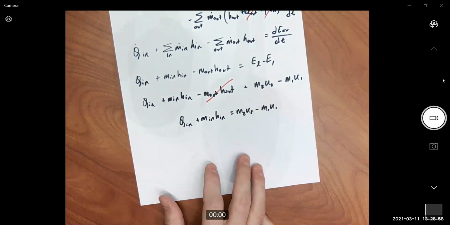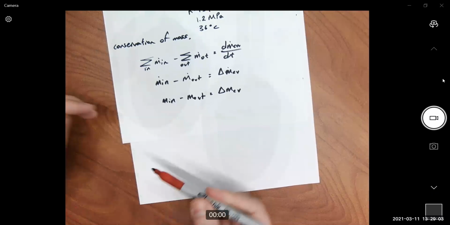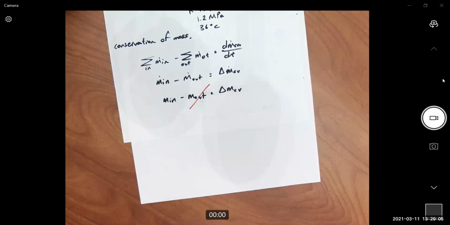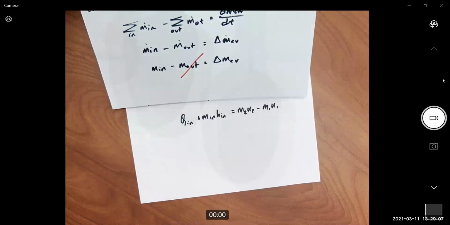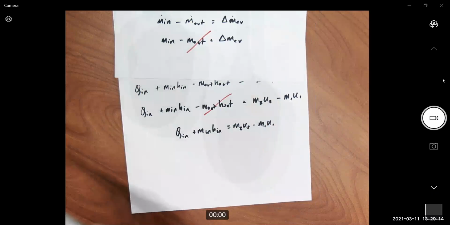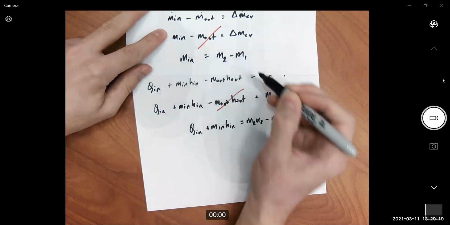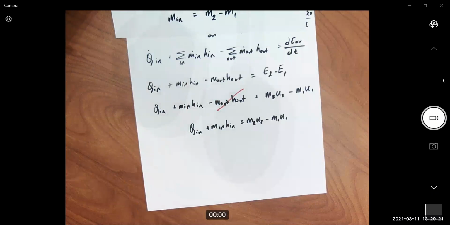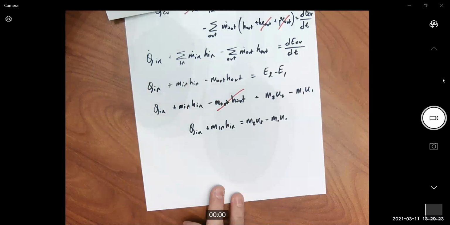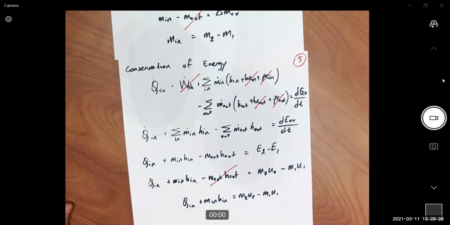If I go back to my conservation of mass, again, I don't have an out term. So whatever Mn is, Mn equals M2 minus M1. Same thing.